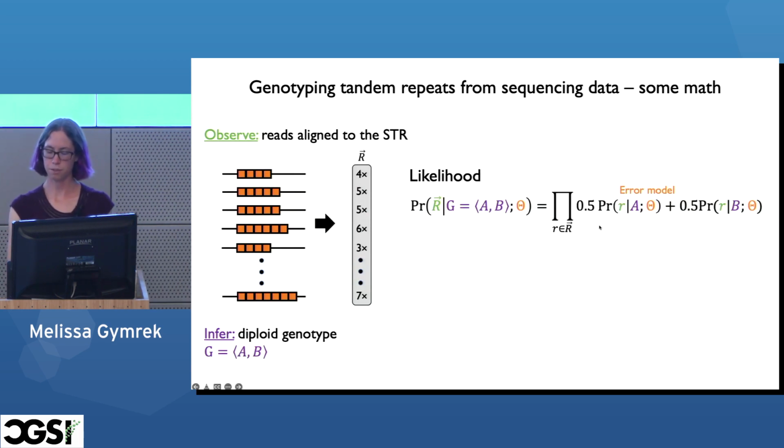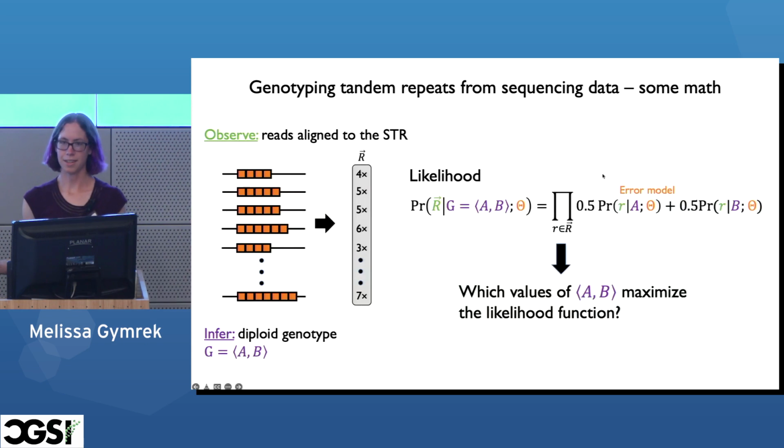Usually we would assume that each read in our data had a 50% chance of coming from each of the different copies, either A or B. And then we have some error model that I'm not telling you about that would allow us to compute the probability of seeing a particular read little r, given that it came from a copy that had A copies of the repeat. We could compute that likelihood for many different possible diploid genotypes, and then we can just output which values for A and B maximize this likelihood function.